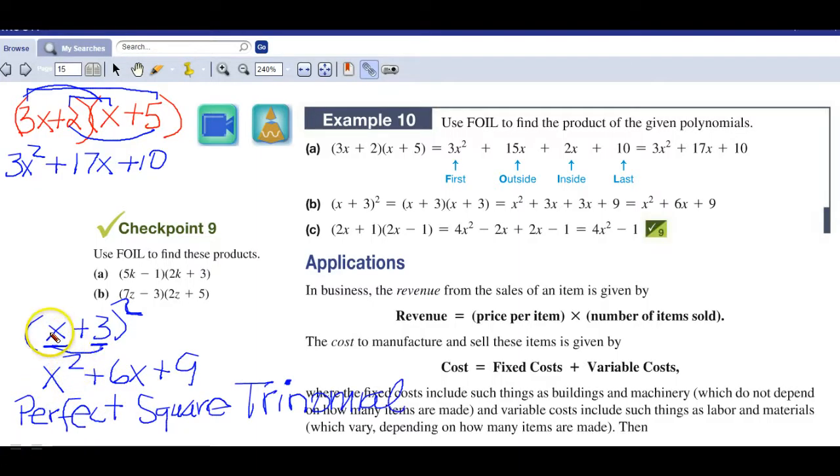This, which is a result of squaring a binomial, is called a perfect square trinomial. And you might say, why is that significant? Because later, if you can recognize this, it will factor into a binomial square. So, leading up to things we're going to be doing a little later.